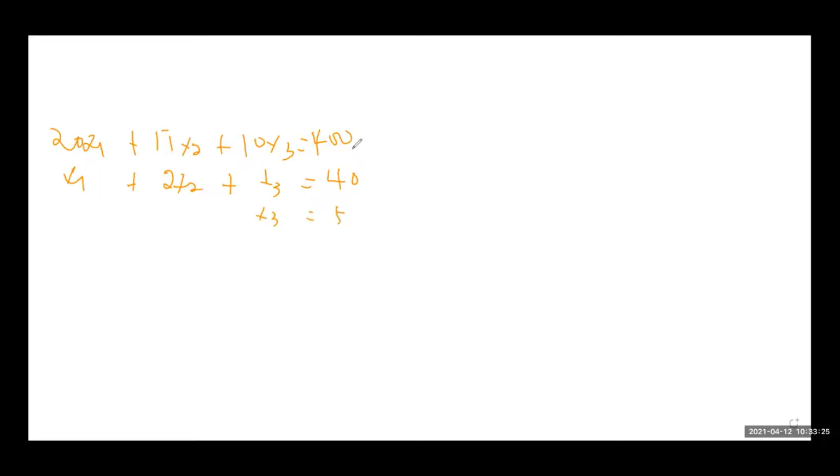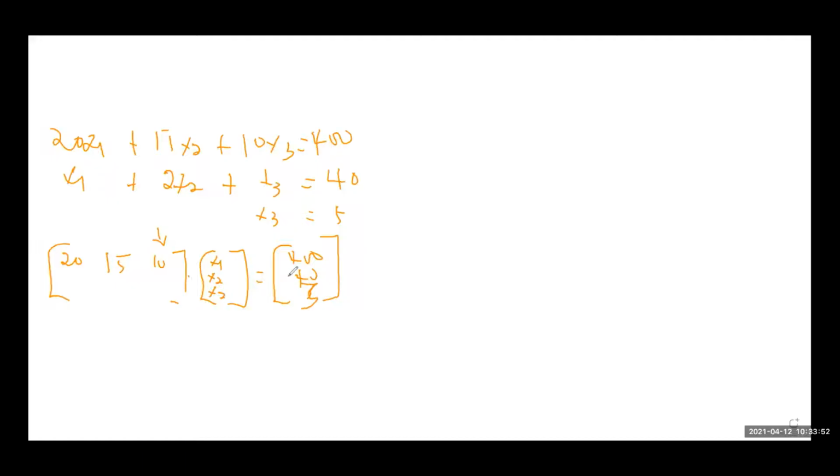Let's say you have a problem and you formulate the system of linear equations. By way of augmenting, we know I'm going to have 20, 15, 10 times x1, x2, x3 equal to 400, 40, and 5.